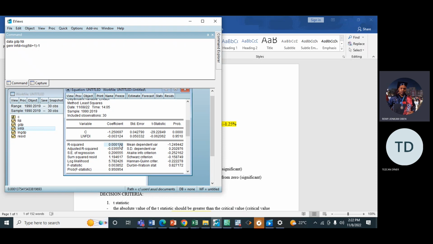So our model has almost no explanatory power, which means FDI alone is not sufficient to explain what is happening in GDP, right? We need to add other independent variables. So we have something like omitted variable bias. I don't want to get into that, but R squared shows you the explanatory power of your model.